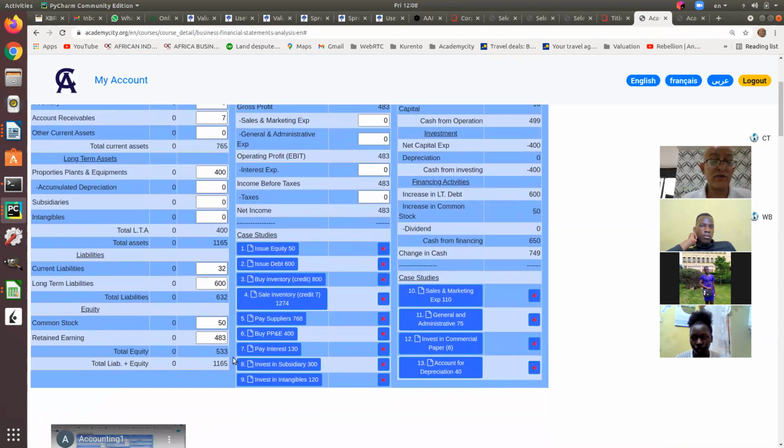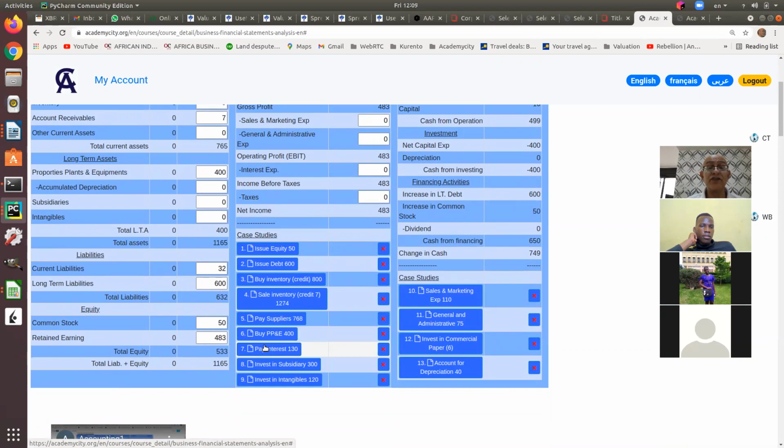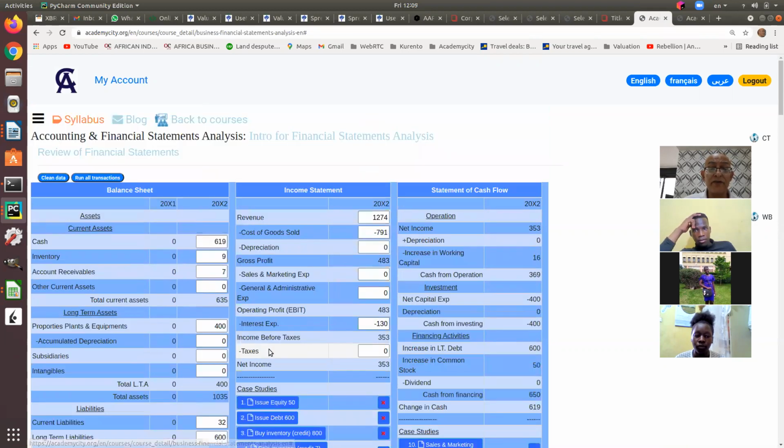Next transaction, that was a little hard. We're paying interest to the bank. Paying interest to the bank, it means it's like somebody took some of my profit. The banks took some profit of my money. They took some amount from the profit. So my profit goes down by 130.